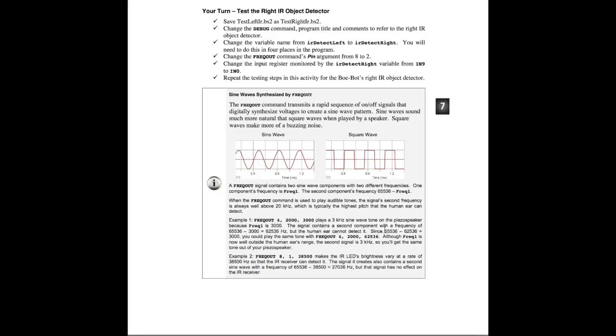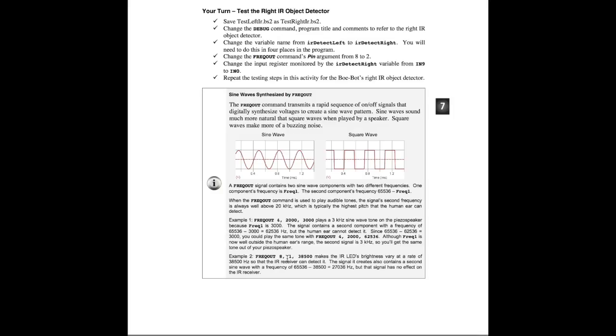It'll give you the same tone apparently. Although freq 1 is now well outside the human ear's range, the second signal is 3K, so you get the same tone out of your piezo speaker. Okay, and that's because 65,000 minus 62,000 is 3,000.